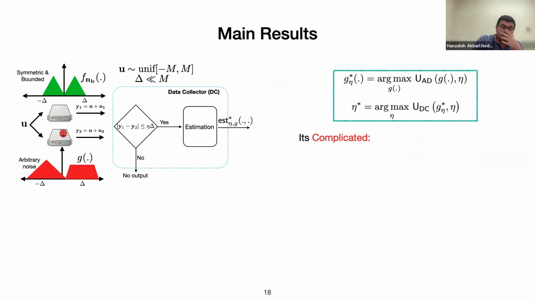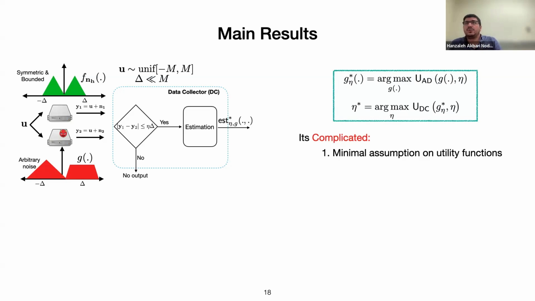Before going to the main results, let me convince you that it's a very complicated problem for two reasons. First of all, we have a very minimal and natural assumption on the utility functions. The only assumption here is that the utility function is a strictly increasing function for the adversary with respect to error and the probability of acceptance.